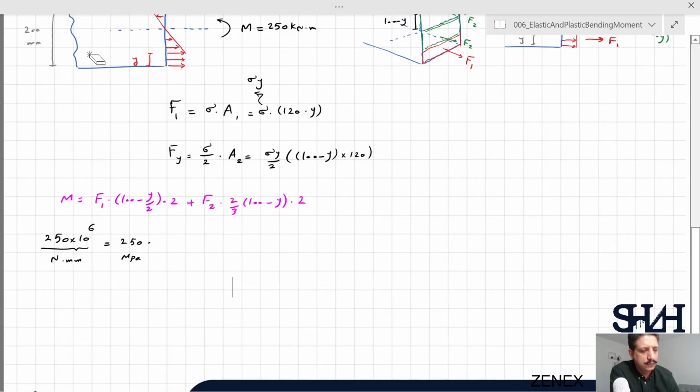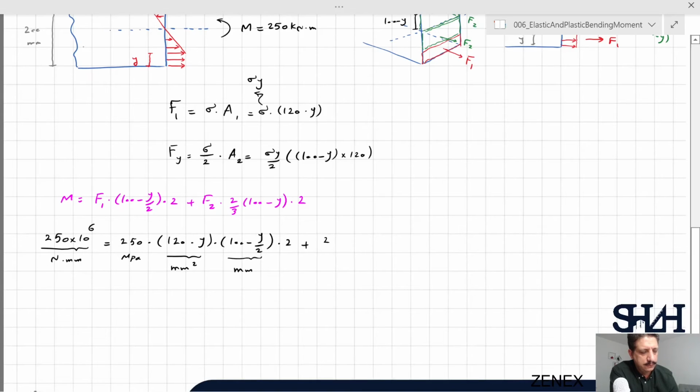F1 is 250 megapascal times 120 times y, which is in millimeter square, times 100 minus y divided by 2 millimeter, times 2. So Newton per square millimeter times millimeter square gives Newton, times millimeter.